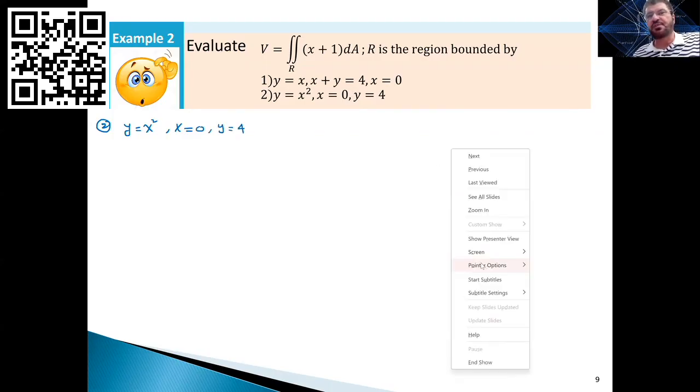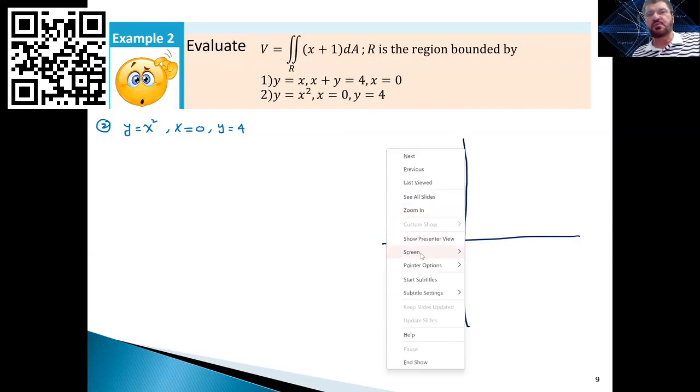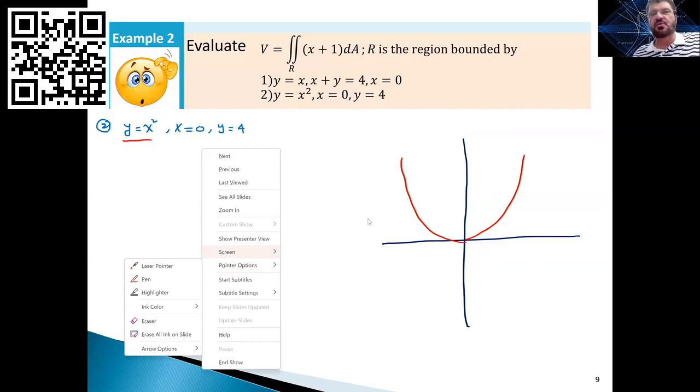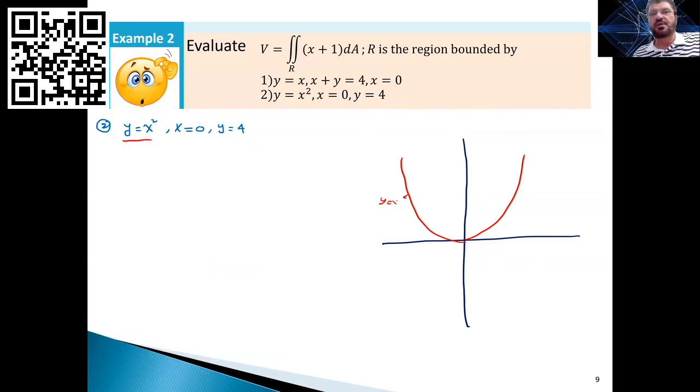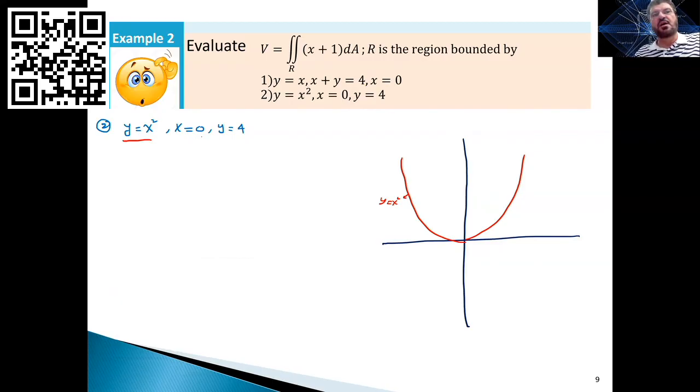Okay, let's graph the region. Y equal x squared, let's start with the first one. This is the first one. Y equal x squared. Now the second one is x equals 0.